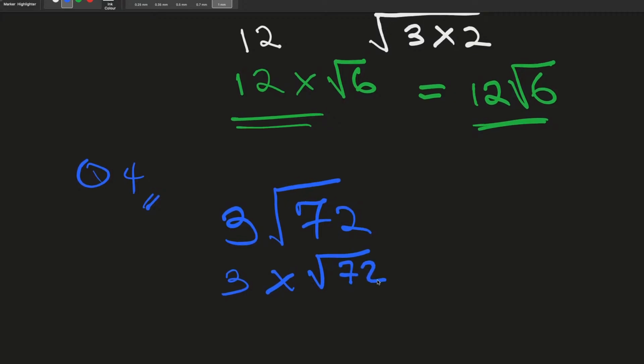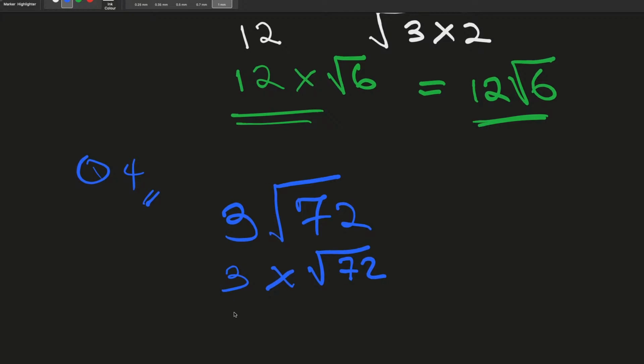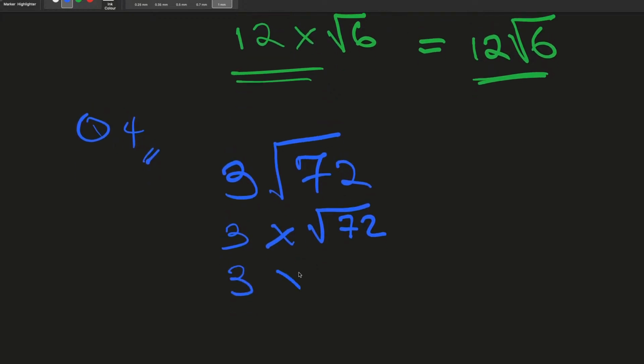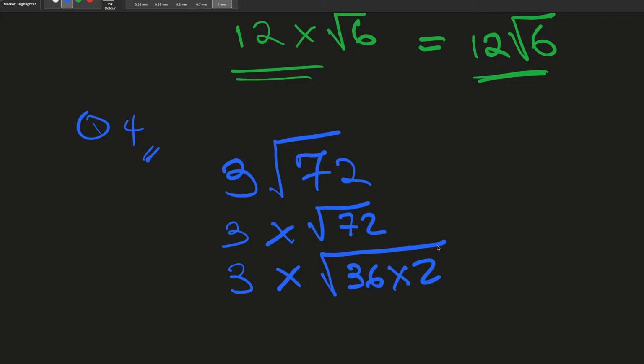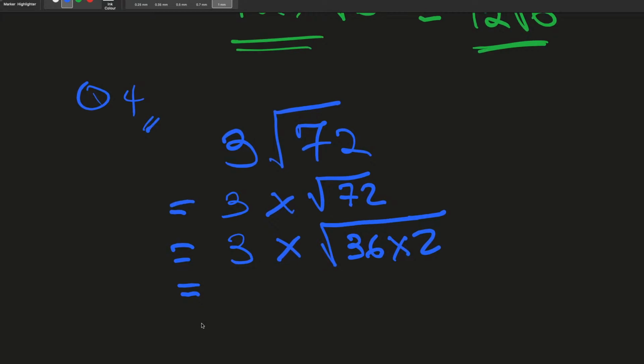And which number can go into 72 straight? 2 can go in. Then that will be 36. So this can be written as 3 times the square root of 36 times the square root of 2. We can further expand it. Why? Because we know that the square root of 36 is 6.